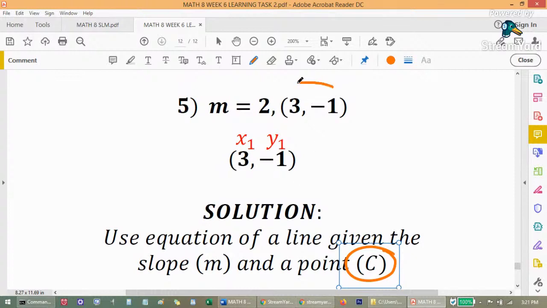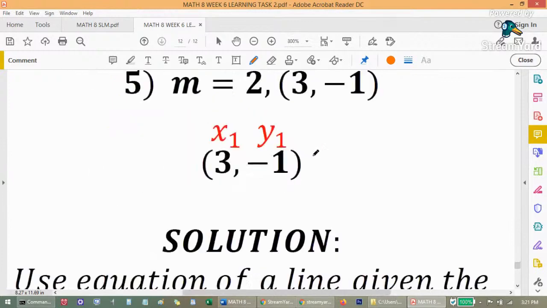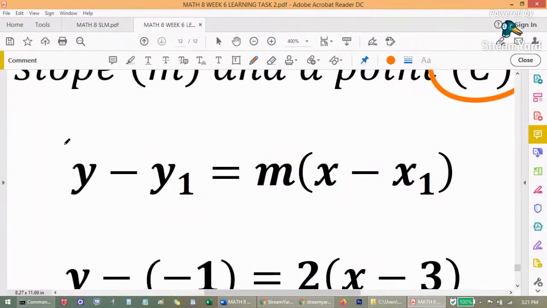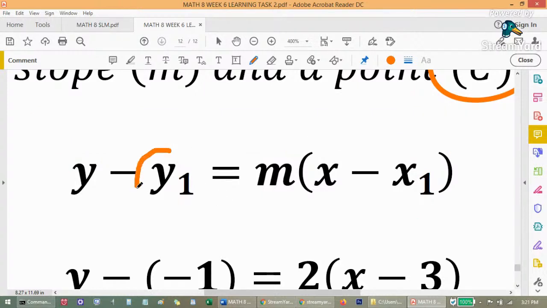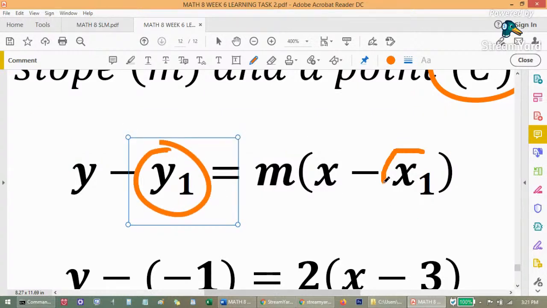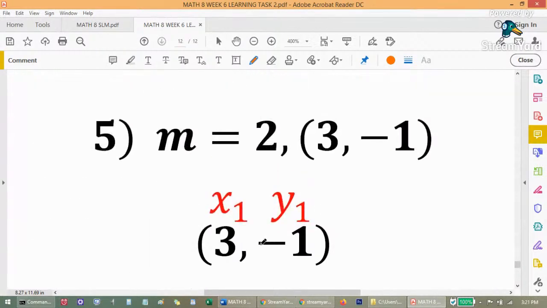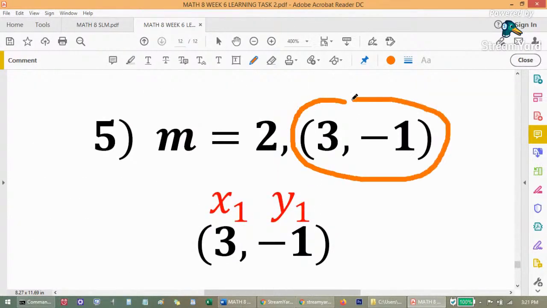So, itong point na to, since isa lang siya, ito yung formula. Mapansin nyo, gumagamit tayo ng y sub 1 and x sub 1. So, dito natin kukunin yun sa first point.